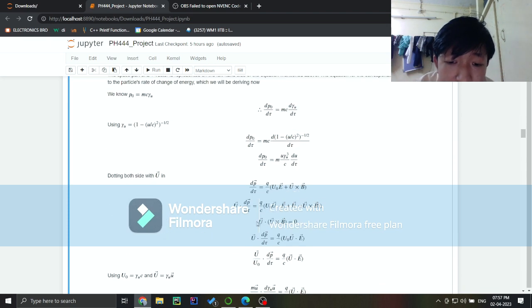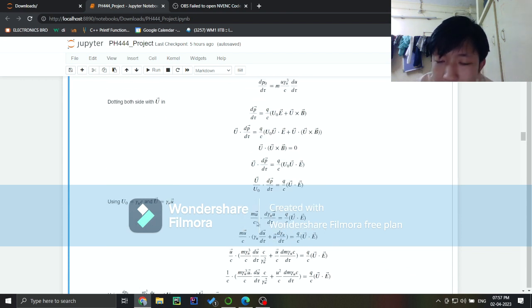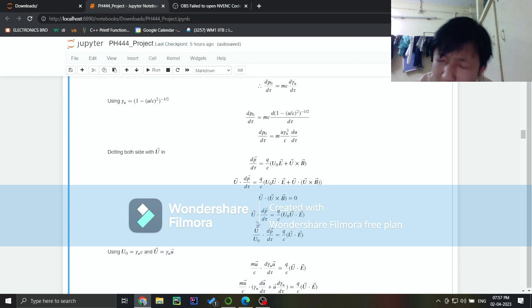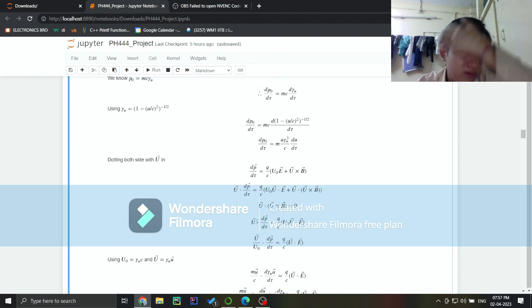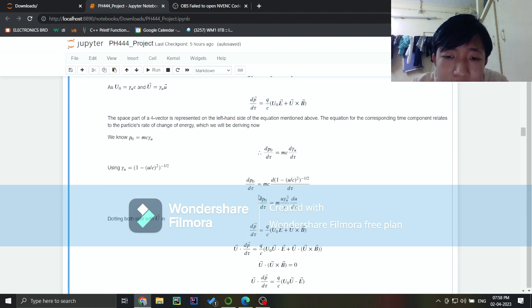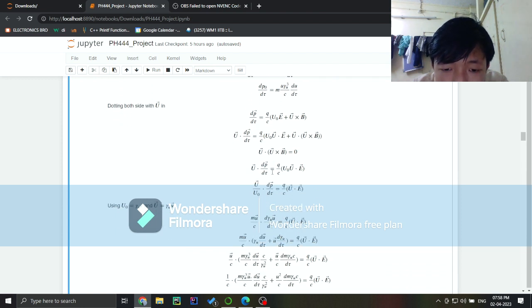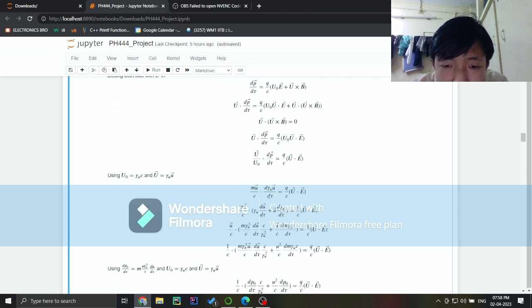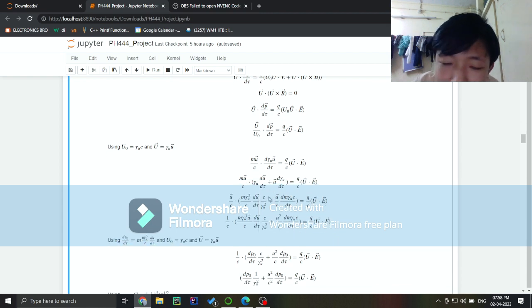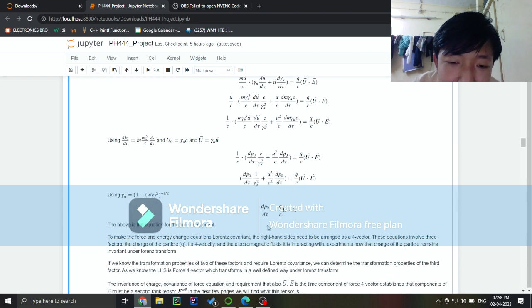After this, we want to derive the time part of the four-force vector, which we do again by some simple algebra. You can check it in the report. I won't be going through it because I only have 15 minutes. We get dp⁰/dτ = (q/c) u·E.